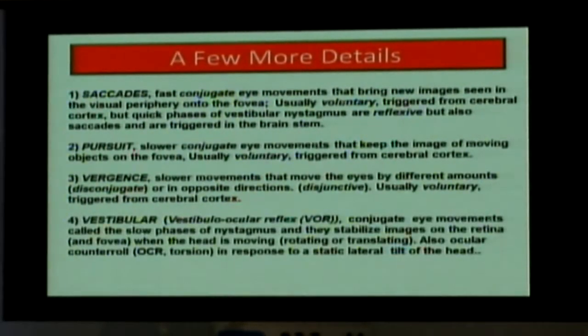And of course, we've heard about vestibular movements. They're called the slow phases of nystagmus. They allow us to see clearly when our head is moving, rotating, or translating. And we also have what is called ocular counter-roll, torsion, when we tilt our head to one side and change the head position relative to the pull of gravity.